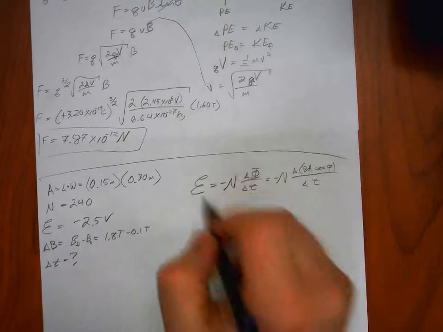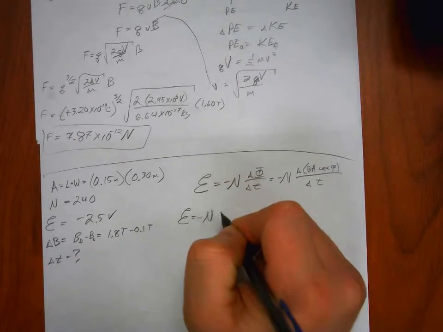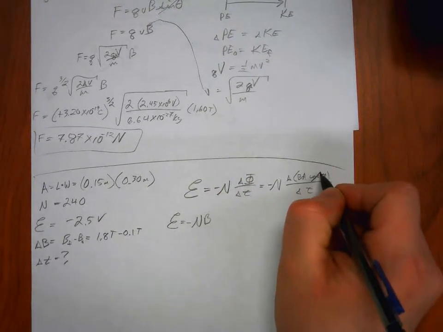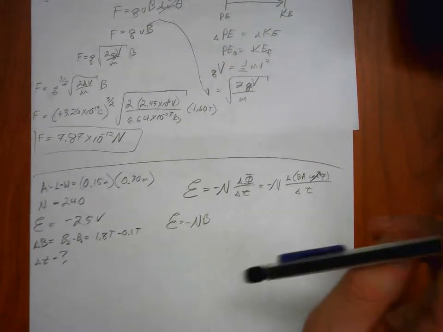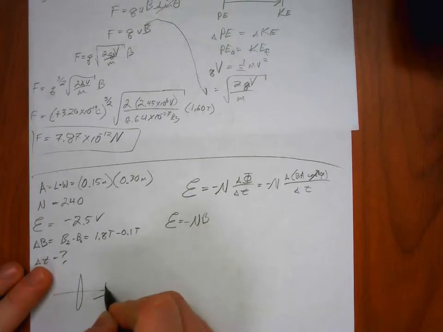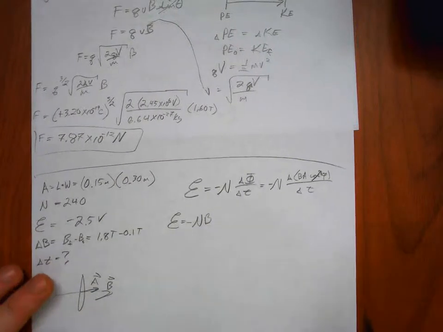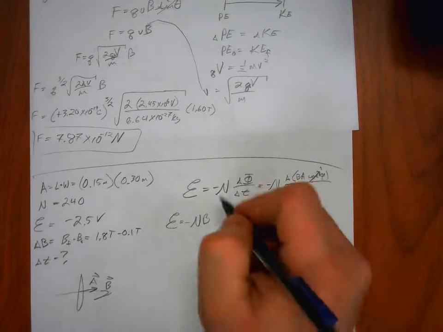We know the area is not changing, so it's just the magnetic field that is changing. The loop is perpendicular to the magnetic field, so that means it's parallel to the area vector. So cosine phi is 1, phi is 0.